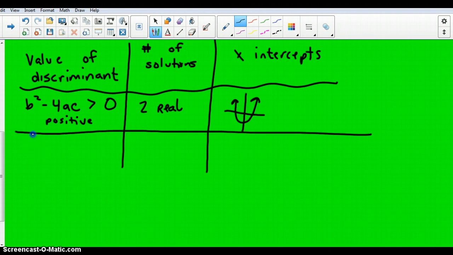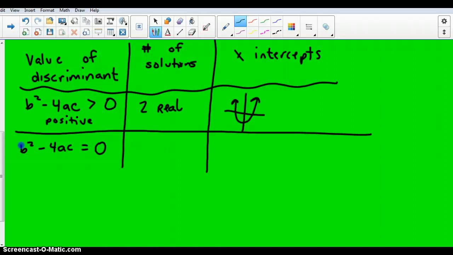Then, what if b squared minus 4ac equals 0? Let's look up here. When we have 4 plus or minus square root of 0 over 8, does anybody remember what kind of solutions we get there?